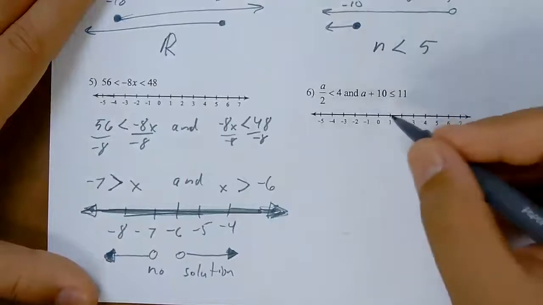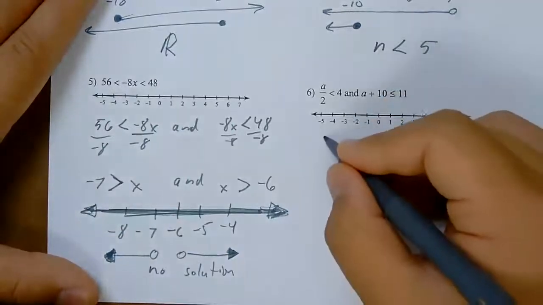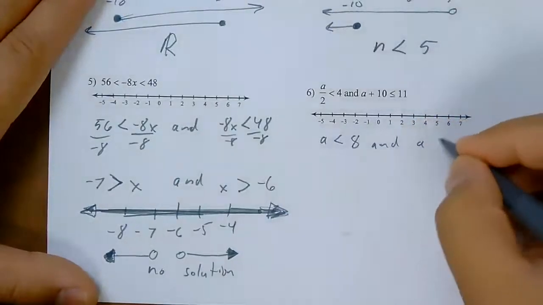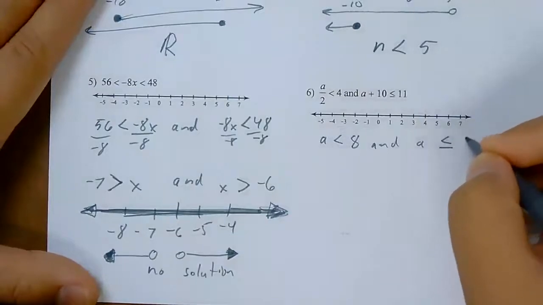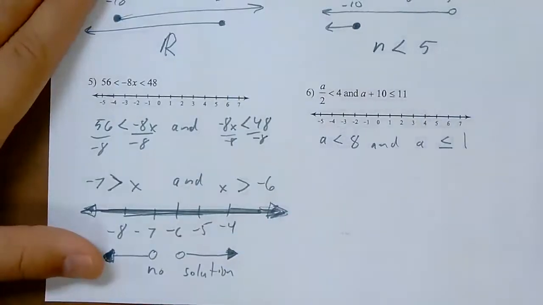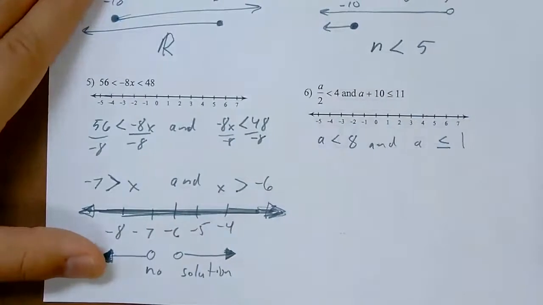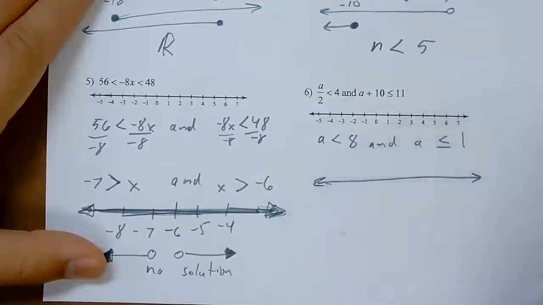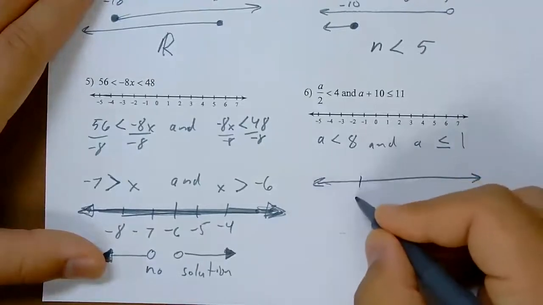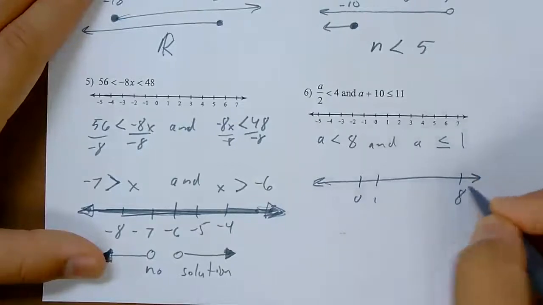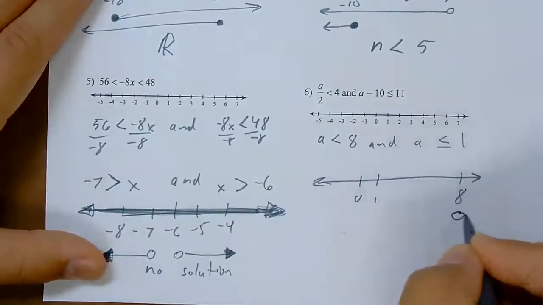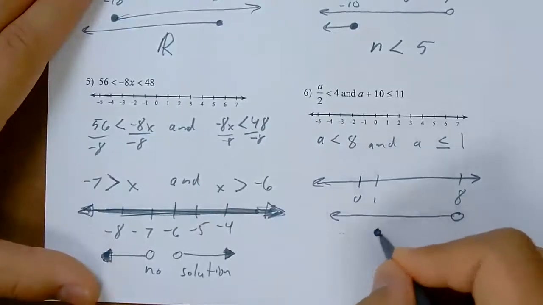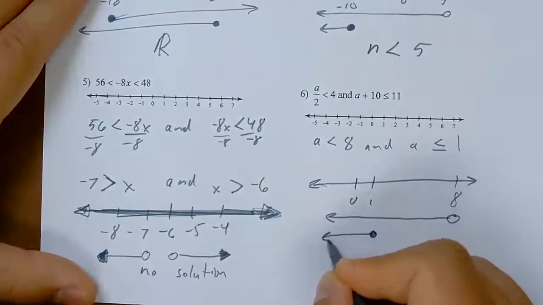And so if we keep that in mind for the second one, we have a is less than 8, and a is less than or equal to 1. Something like this. We'll set up our practice. 0, 1, 8. So a is less than 8. So open circle at 8, going left. Closed circle at 1, going left.